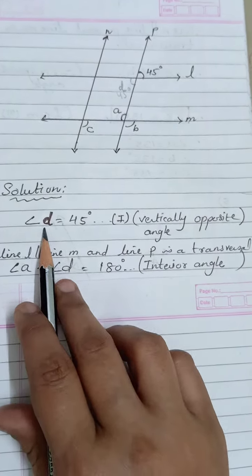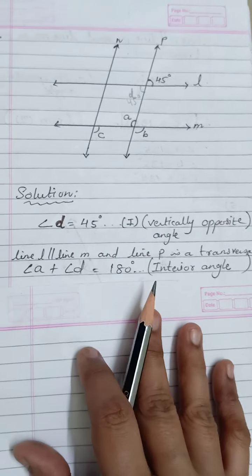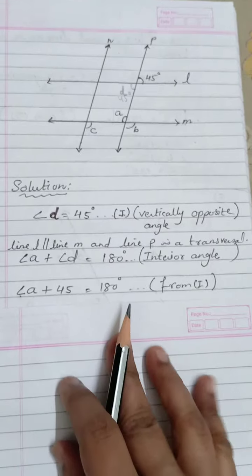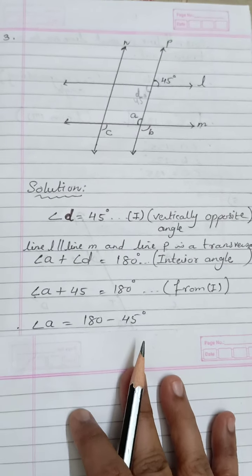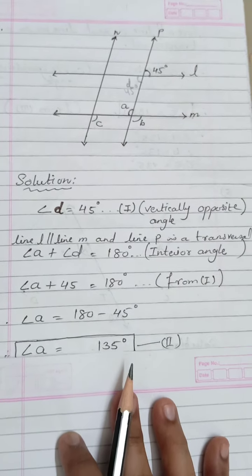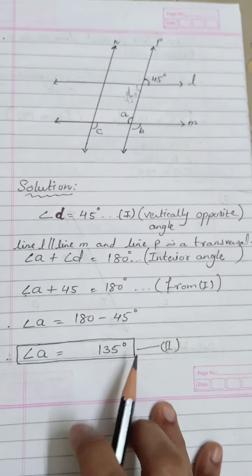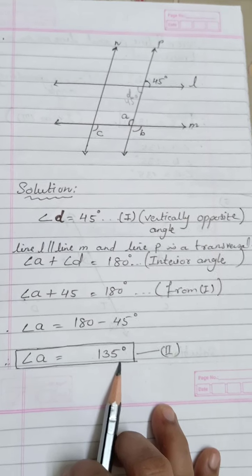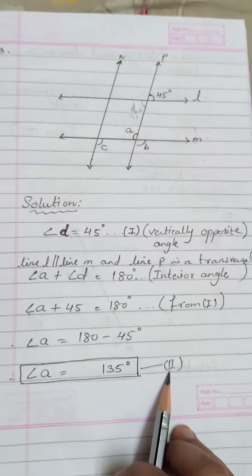Now the value of D we have is 45, so we will apply 45 degrees here. Now plus 45 we will take on the other side, so it will become minus 45. Now 180 minus 45 will be equal to 135 degrees. So we have got the value of angle A is 135 degrees. I have given it equation number 2.